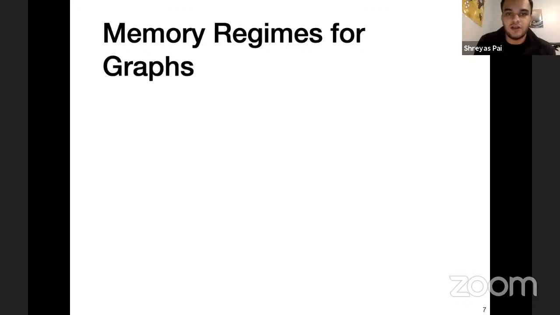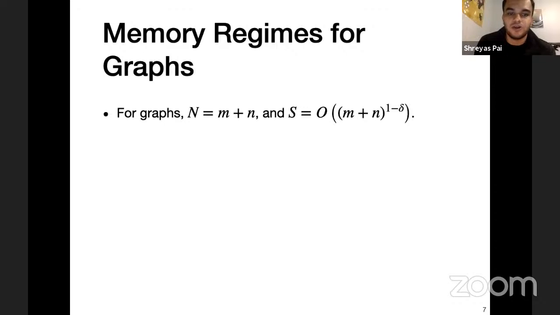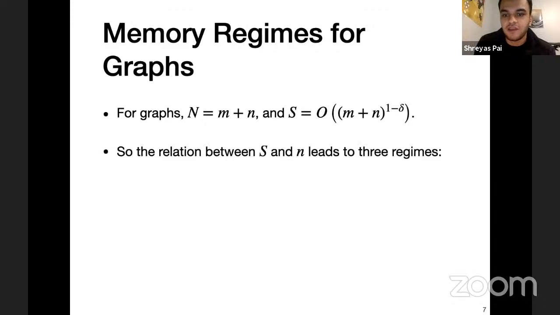For graphs, there are a bunch of regimes in the MPC model that arise. Note that the local memory parameter is always sublinear in the total size of the graph. When we relate the local memory parameter to the number of vertices, you actually get three different regimes. The first is the superlinear regime, where S is superlinear in the number of vertices.